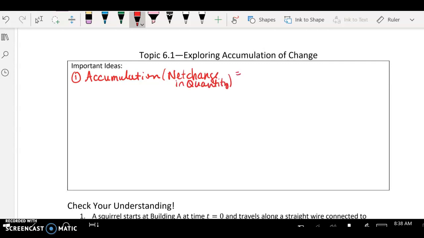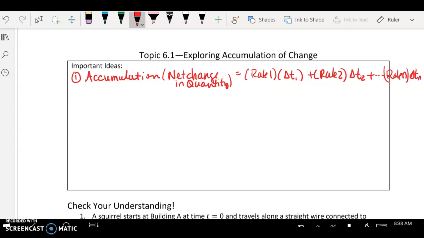We did the sum of each net change for different times, depending on what the rates are. So we were taking rate 1 times your change in the first time period, plus rate 2 times the change in the second time period, and so on up until we get to rate n and the change in the nth time period.